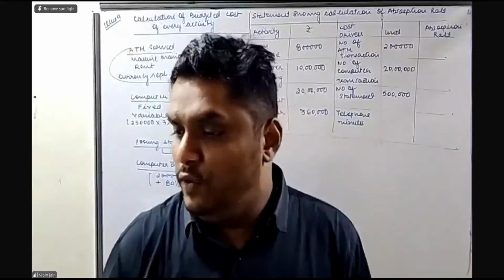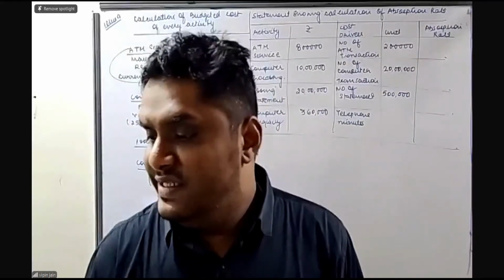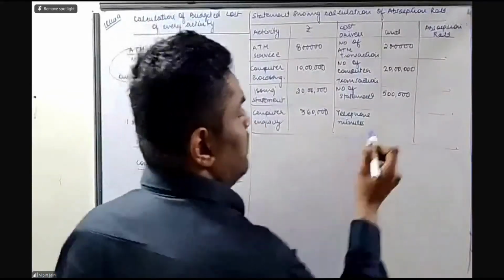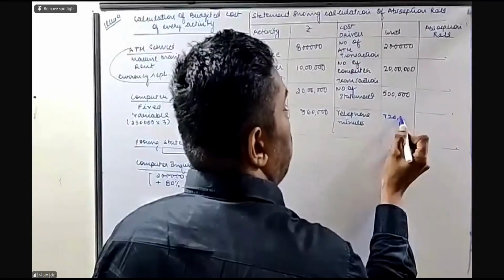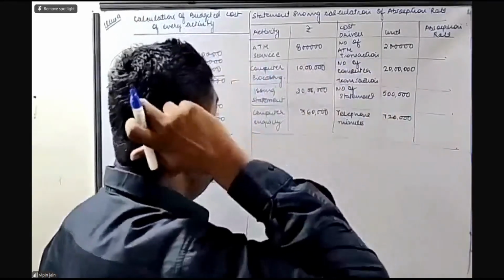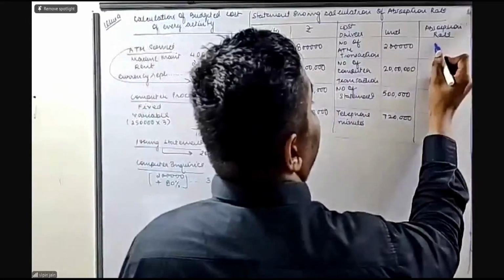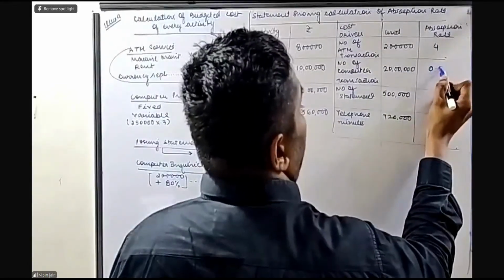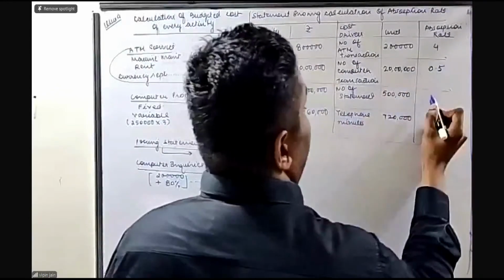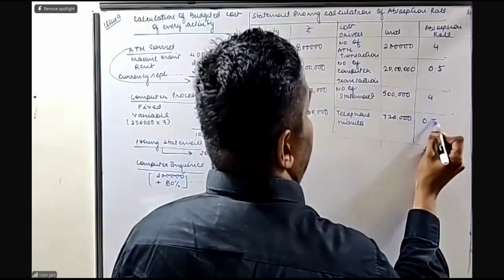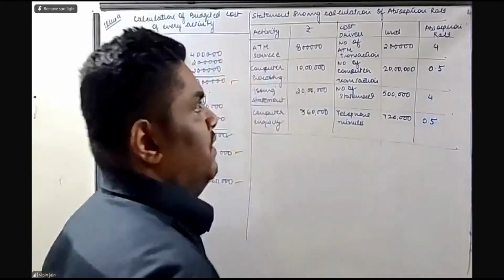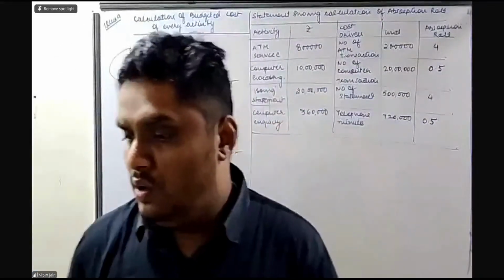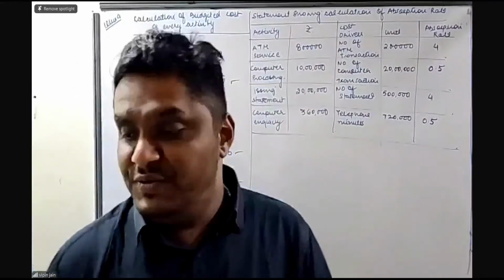And the number of telephone minutes is 7,20,000. So we can calculate the absorption rate as 4 per transaction. It is 0.5. It is again 4 and again it is 0.5. So now the absorption rate is ready.